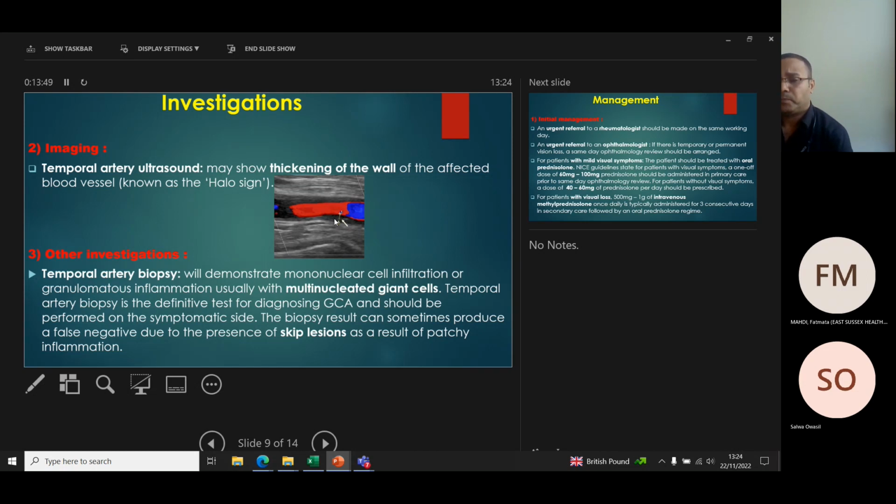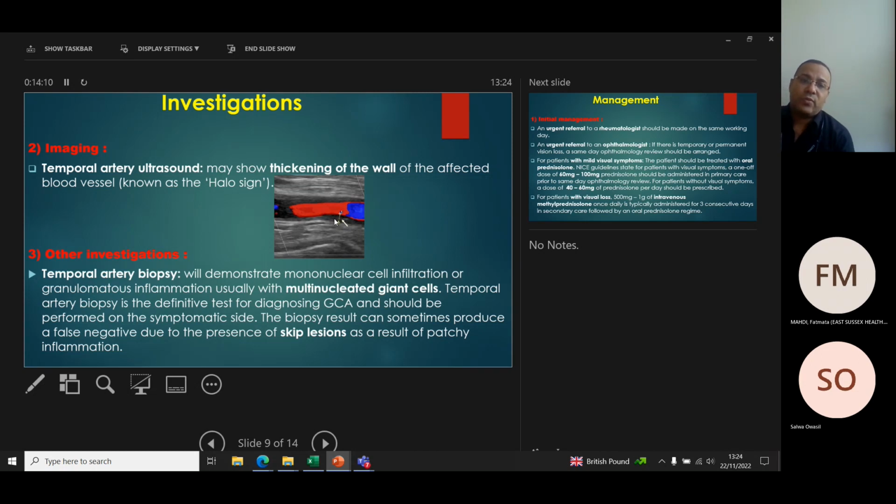All right. And this is a very approachable, accessible, non-invasive scan, which can highly support the diagnosis or even confirm the diagnosis with other clinical features and lab features as well.